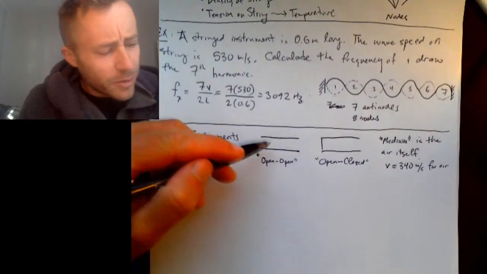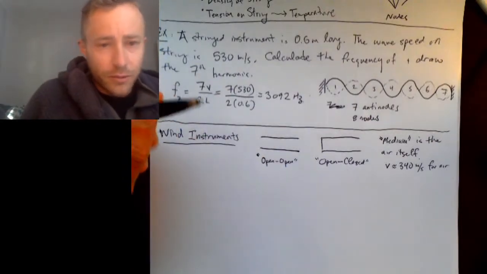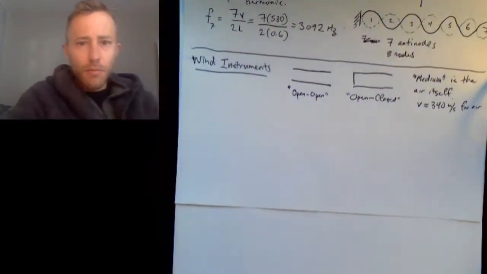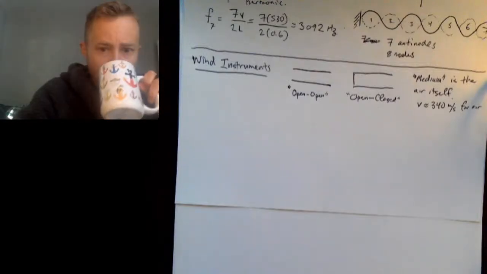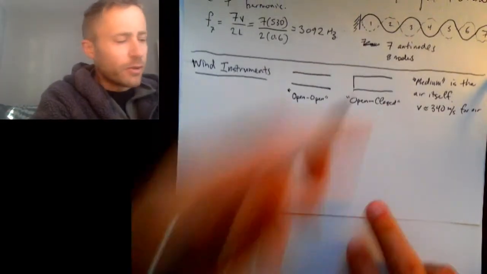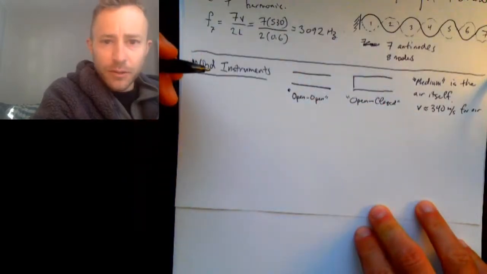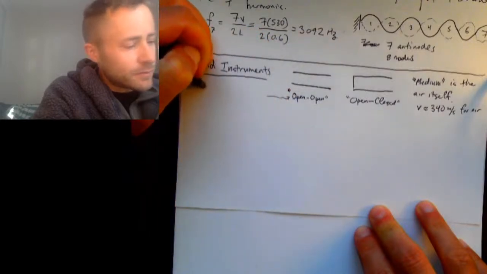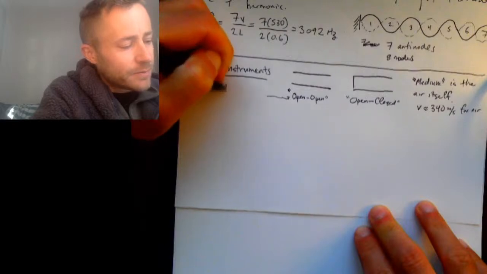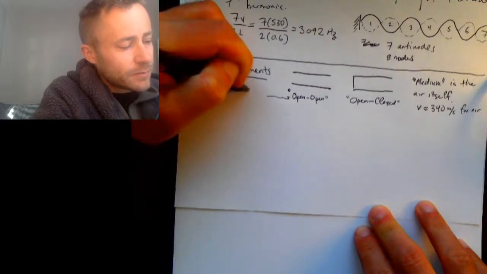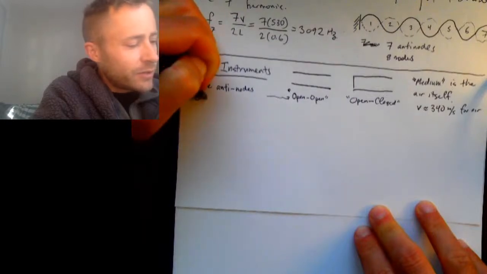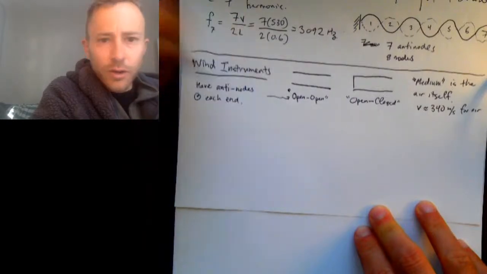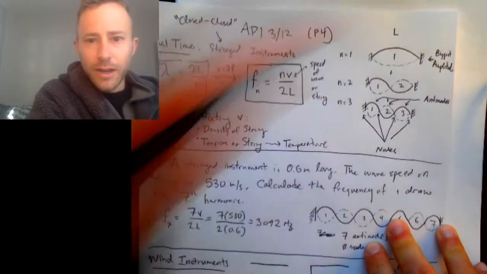I'm going to start off with an open instrument, and then we'll go to open-closed. Open instruments have antinodes at each end, whereas a closed instrument has nodes at each end.